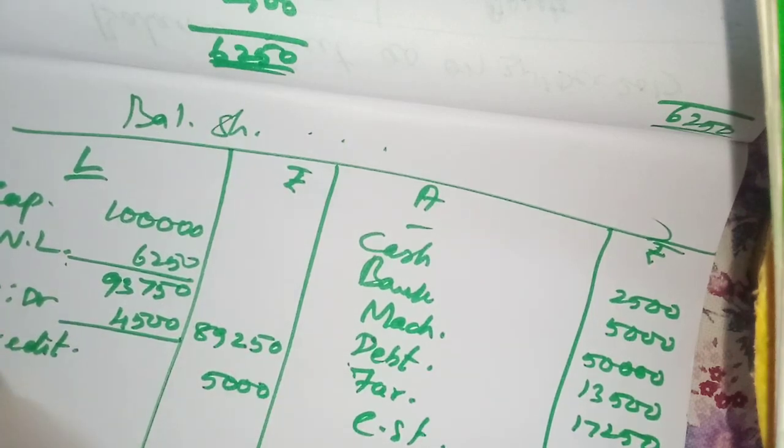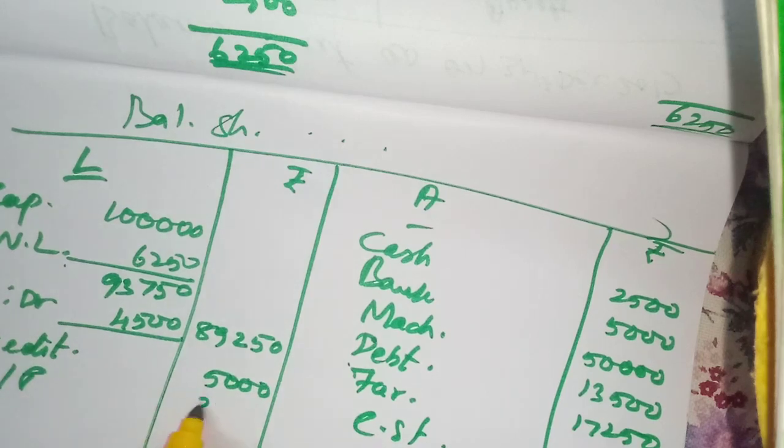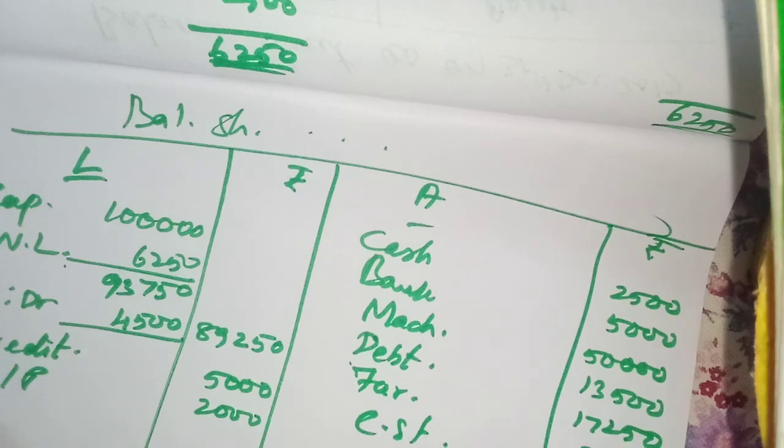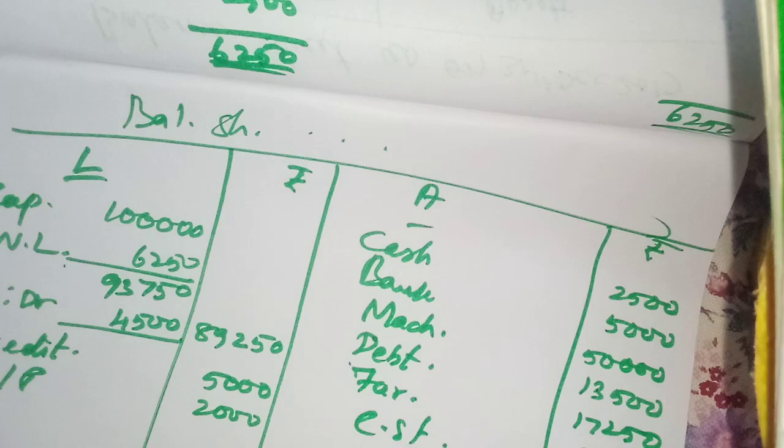Bills payable 2,000. Then the adjustment item we have written 2 times. Now we will add and check. Okay, correct.